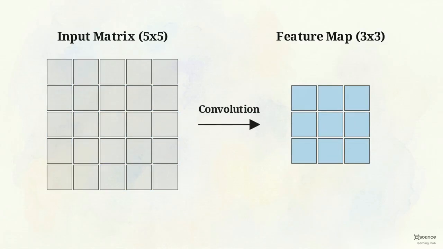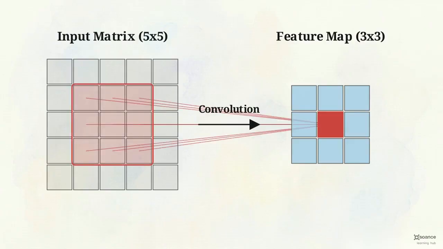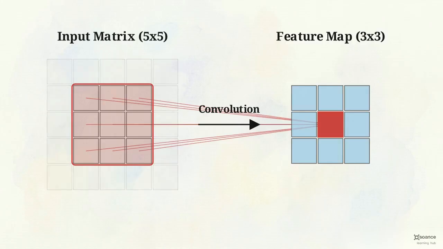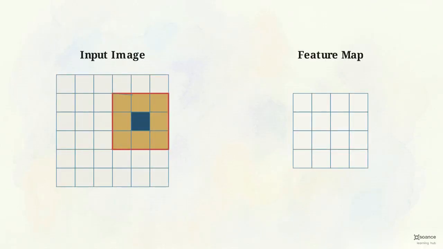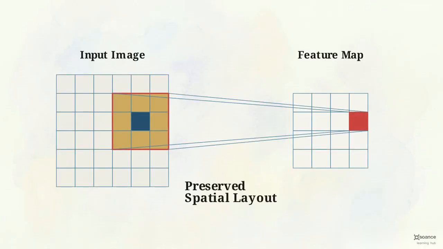Because of this sliding window, each individual neuron in the CNN is restricted to processing just one local patch of the input data at a time. Shifting from a dense global web to a localized sliding window drastically reduces the computational load, and it perfectly preserves the spatial relationships of the pixels in the image.